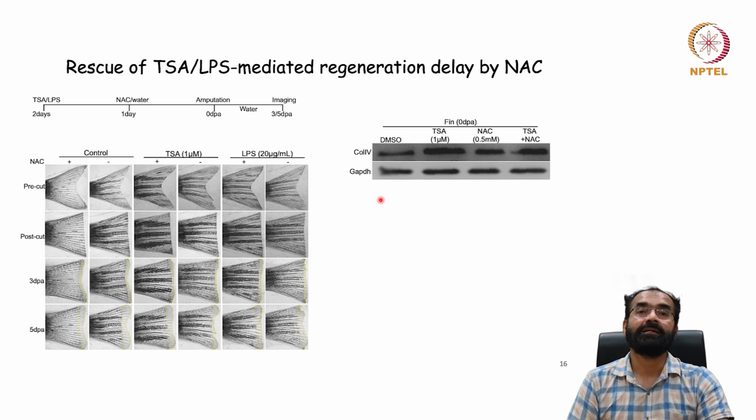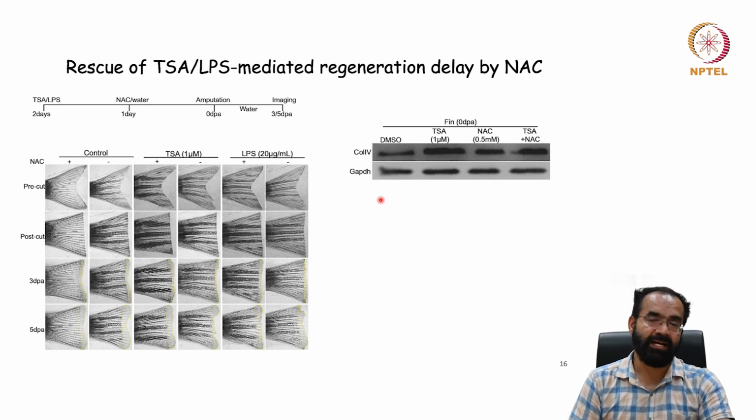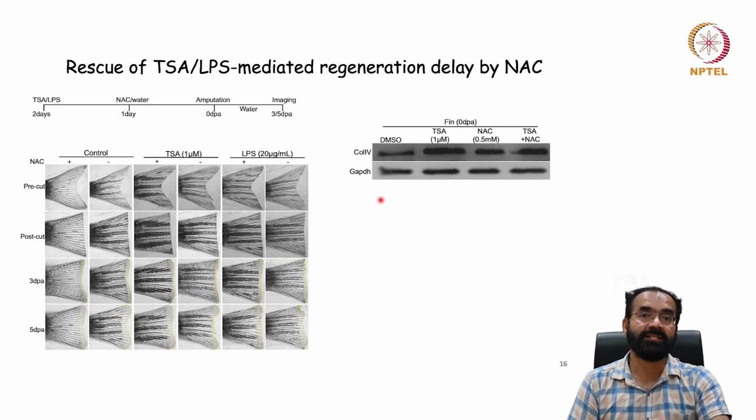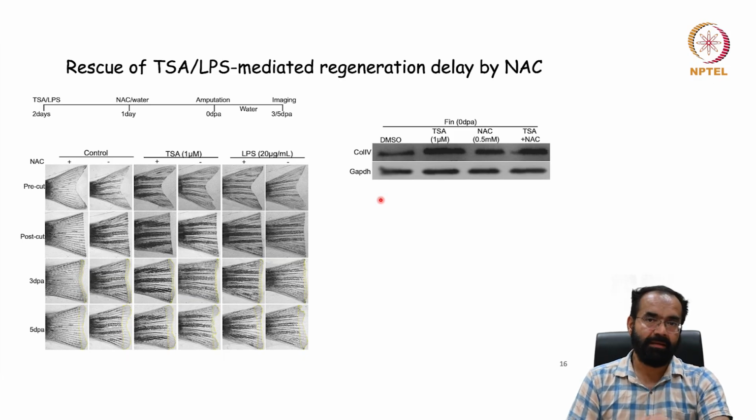What is LPS? Bacterial lipopolysaccharide. When bacterial lipopolysaccharide is deposited in the injury site, pro-inflammation will stay for a longer time because it will mimic as if there is an infection, so immune cells will come there. What we saw, similar to the TSA treated at 1 micromolar concentration, was no blastema.